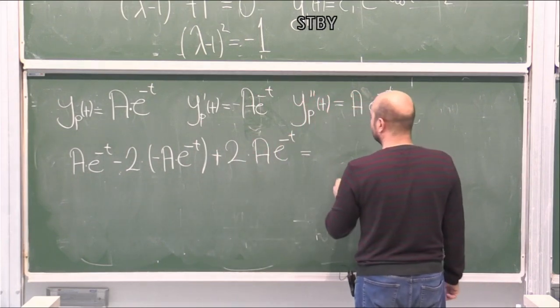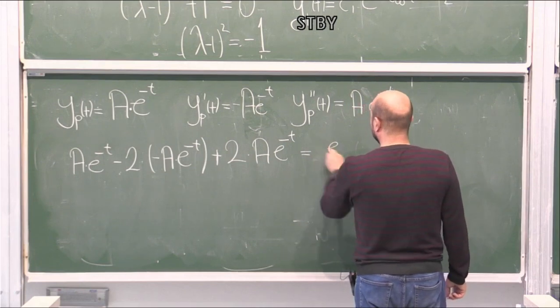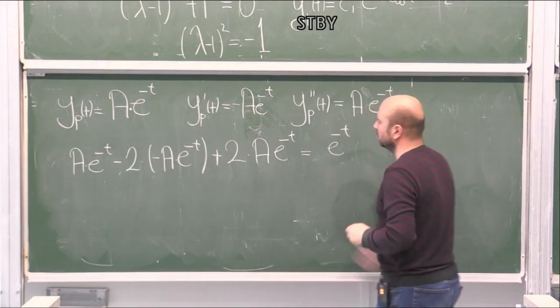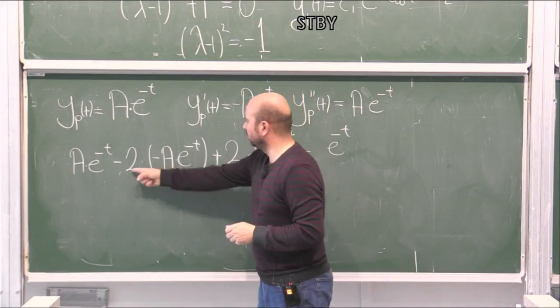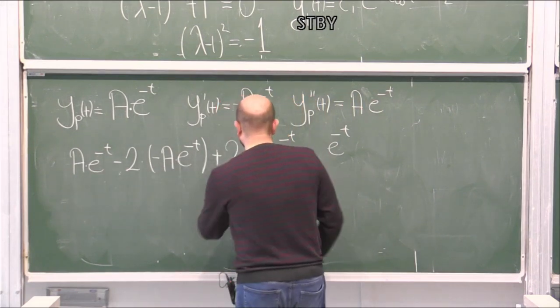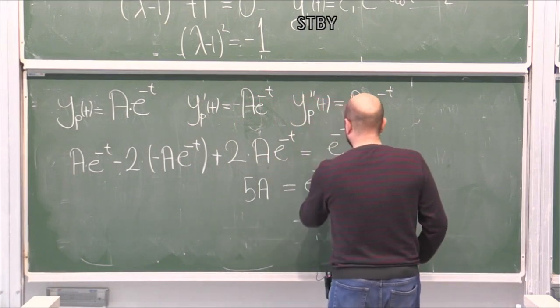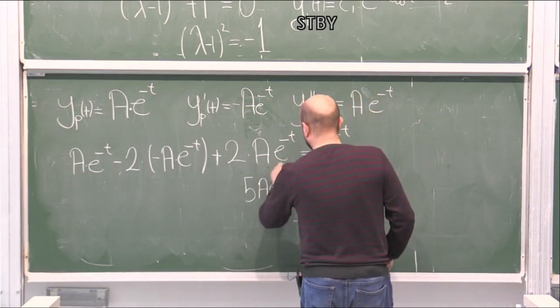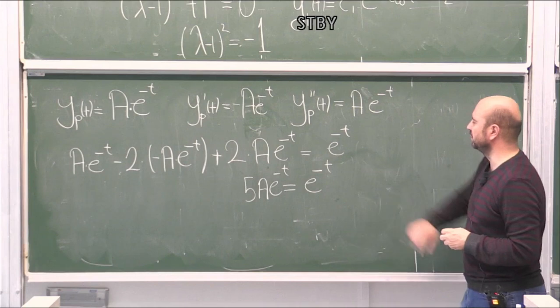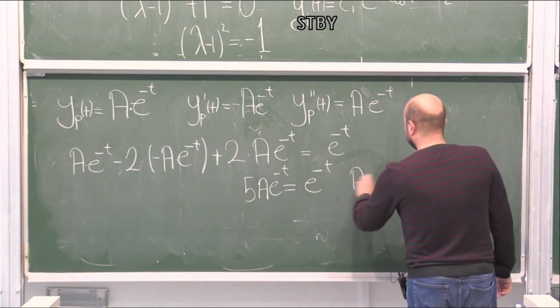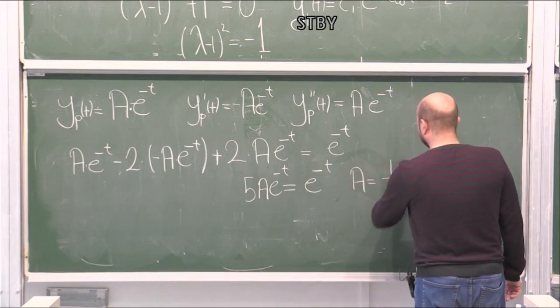I want this to be equal to e to the minus t. So here we have a plus 2a plus 2a, so 5a e to the minus t is equal to this. From this, we clearly see that a is equal to 1 over 5.